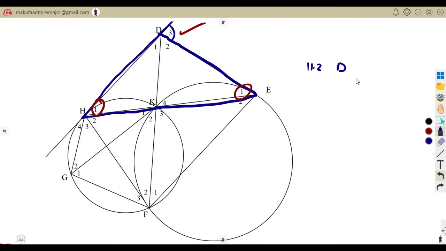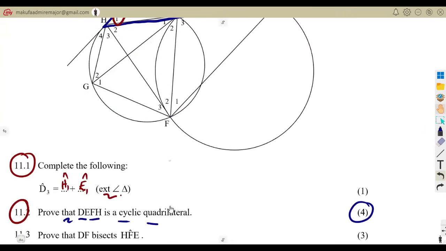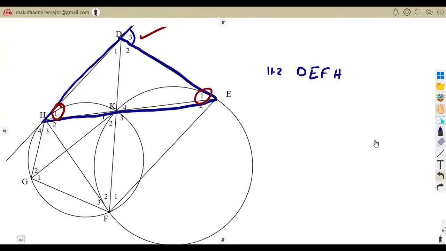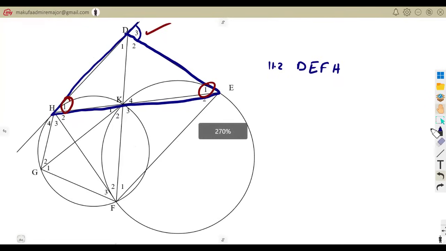So DEFH is a cyclic quad. You need to prove that this is a cyclic quad, guys. It must give us a cyclic what? Quadrilateral. What is it that you can give in terms of a cyclic quad?